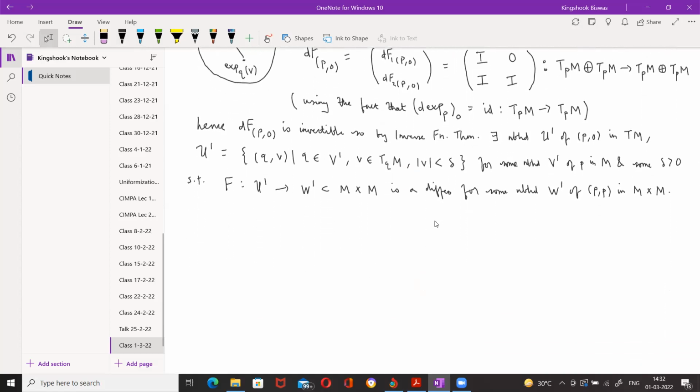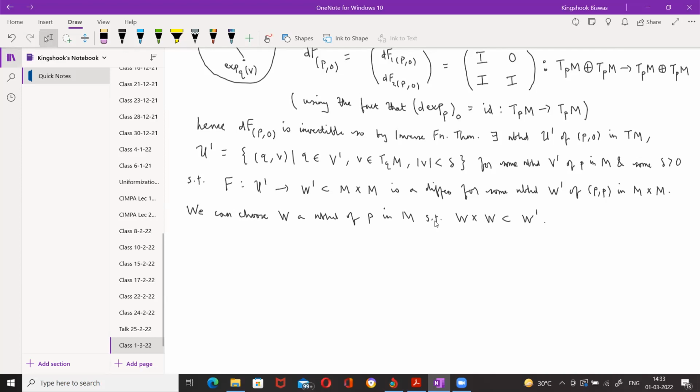So now we can choose W, a neighborhood of P in M, such that W cross W is contained in W prime, right? We can do this.